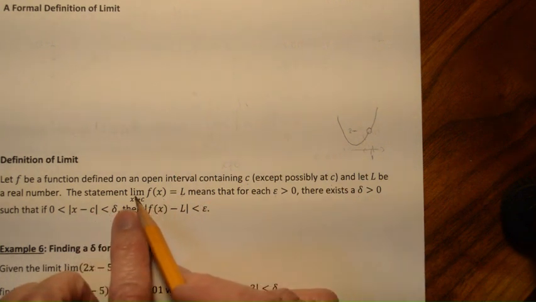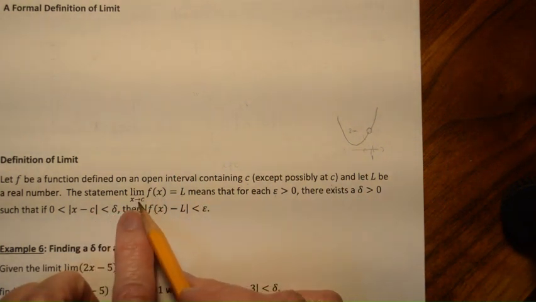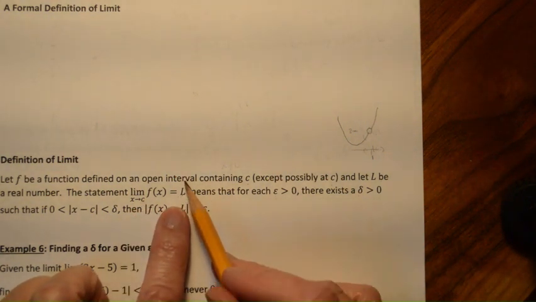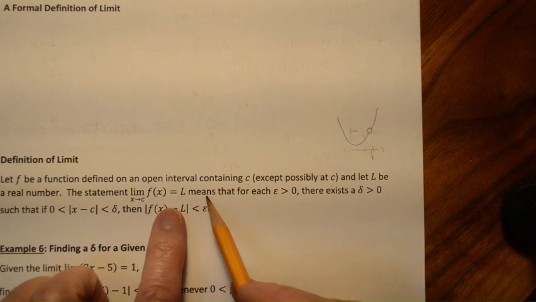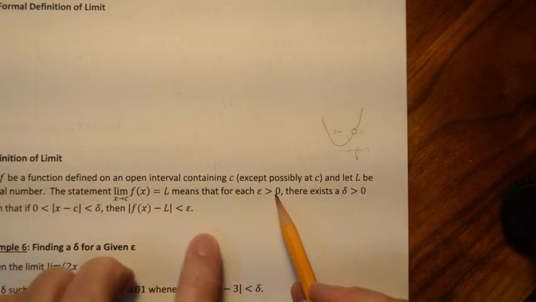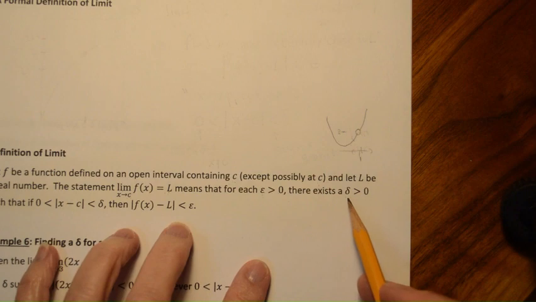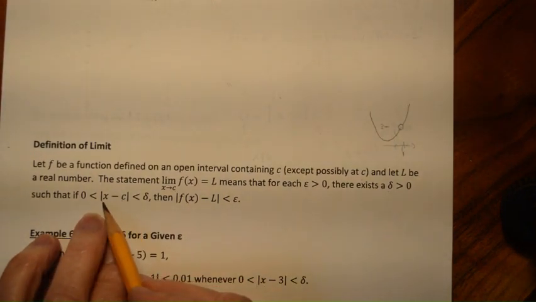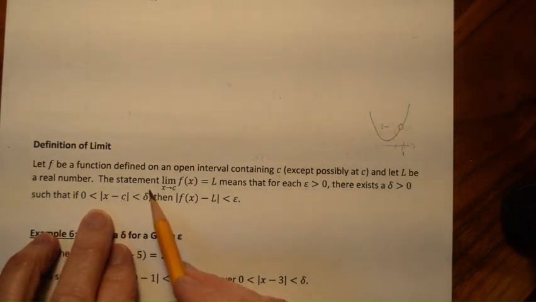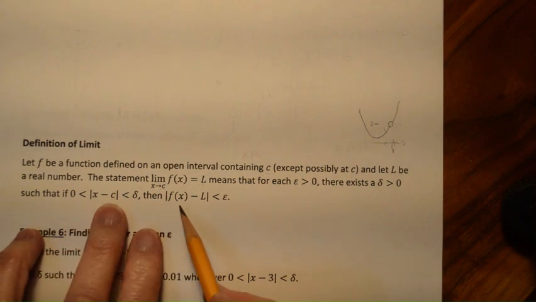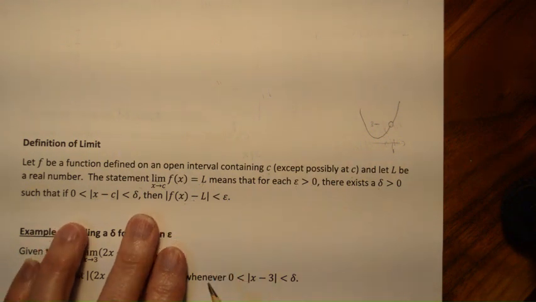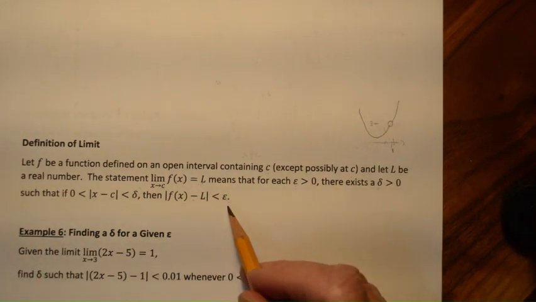And again, in general, the limit of some function f of x as x approaches some random value c equals L, some random y value equaling L, that means that for any epsilon greater than 0, there exists some delta greater than 0, so that when the x value is within delta units of c, then the function is within epsilon units of L.